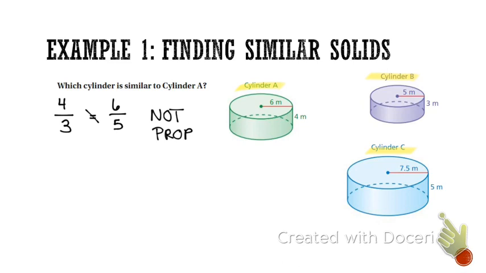So let's keep it consistent, and we'll go height of A over height of C. That's going to be 4/5 equals radius over radius, which is 6 over 7.5. Before we say this is not equal either, this actually needs to be reduced.